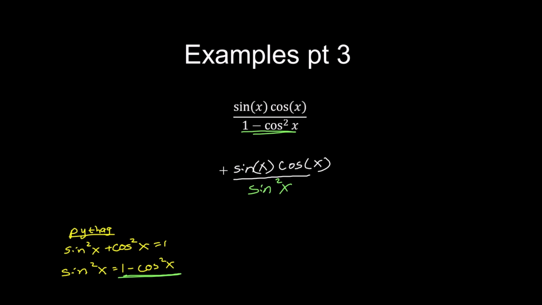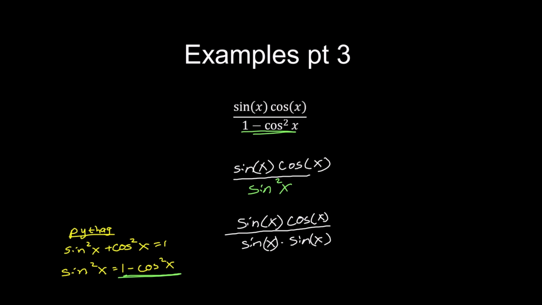Well, now at this point, we can actually cancel out this sine of x and one of these. So if you don't see it, I'm going to go ahead and write out the intermediate step here. I tend to skip this step when I'm doing it on my own, but some of you guys it may help. Sine squared x is actually sine of x times the sine of x.